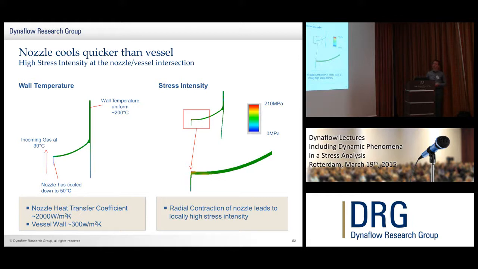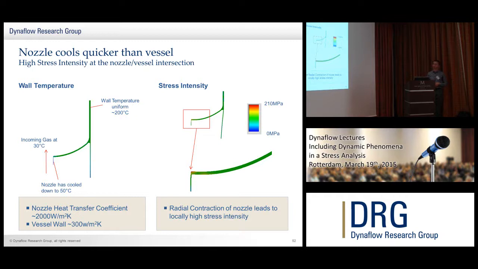Now, why might that be? Well, inside the nozzle you've got a very fast moving flow. The same volume, same mass flow rate, has to go through a small cross-section area. So we end up with a heat transfer coefficient of around 2,000 watts per square metre per Kelvin, whilst in the vessel we're looking at only around 300 watts per square metre per Kelvin.